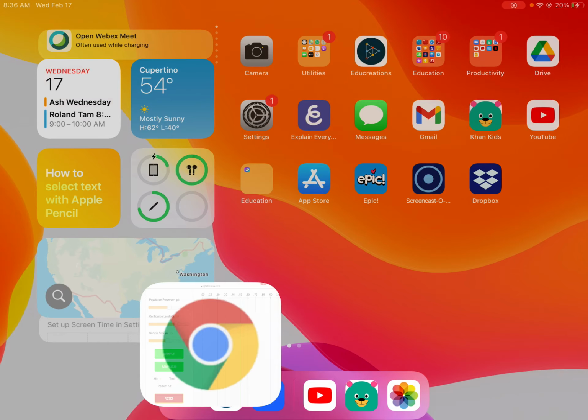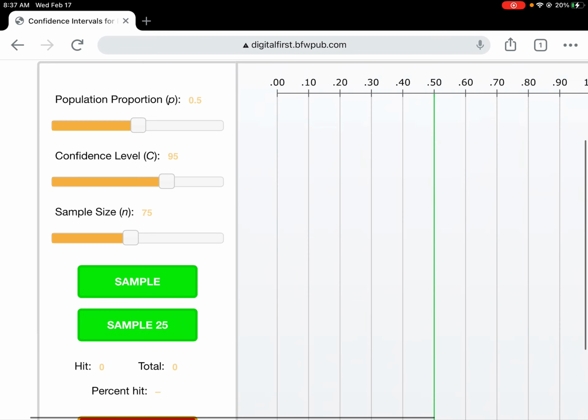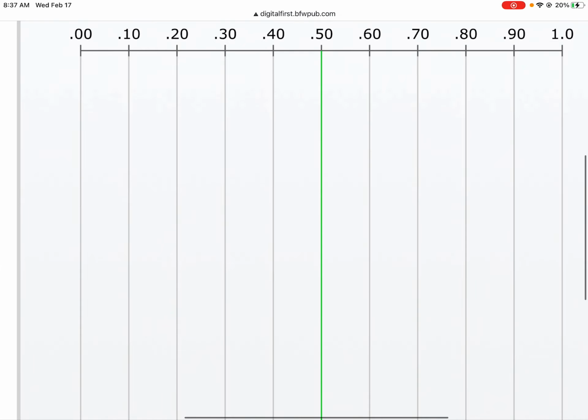So let's go to the applet. I'm sure you can see the link in there. We have to make sure that the population proportion is 0.5, our confidence level is 95, and our sample size is 75. This green vertical line that you see here, this is the true proportion, right?